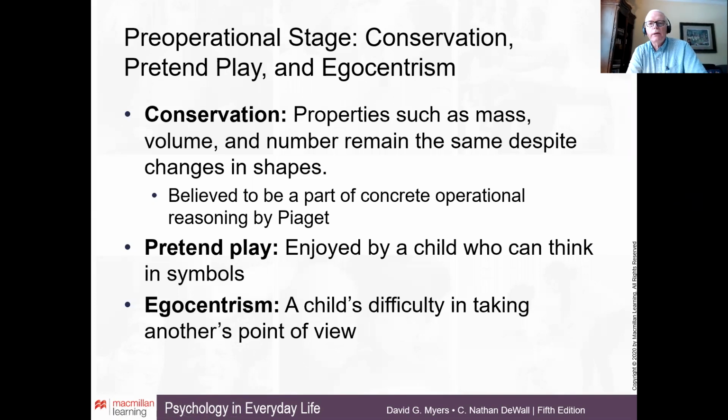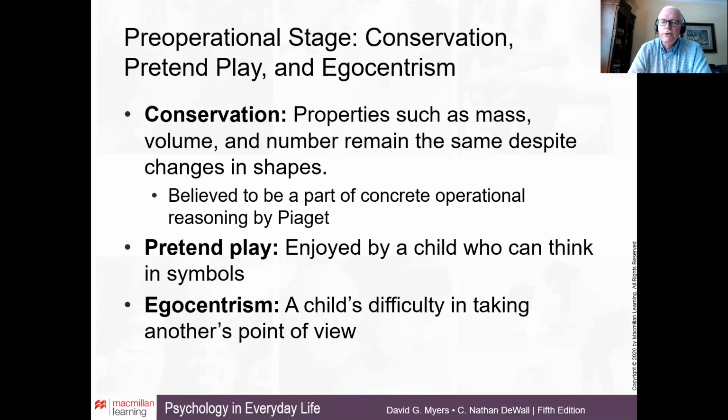In Piaget's second stage of development, the pre-operational stage, one of the things that Piaget observed during this stage, which occurs from about age 2 to age 7, is that children lack the ability to think logically about things yet.